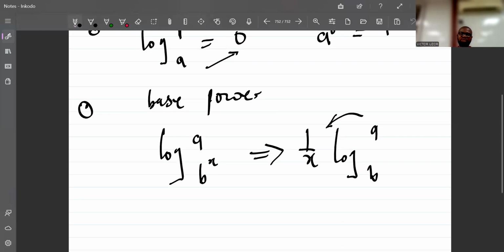Then the last law we are going to be looking at is change of base. You want the base to change.